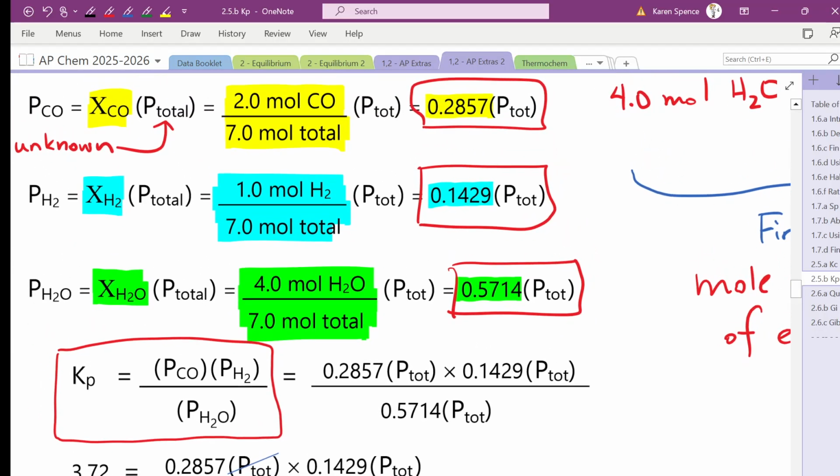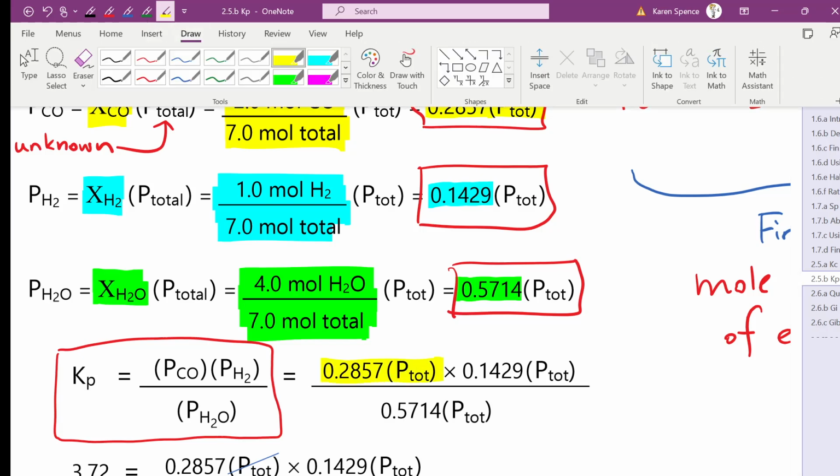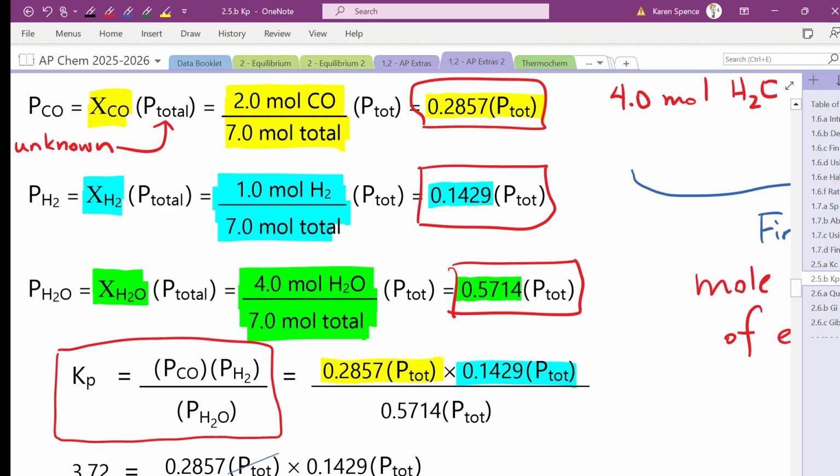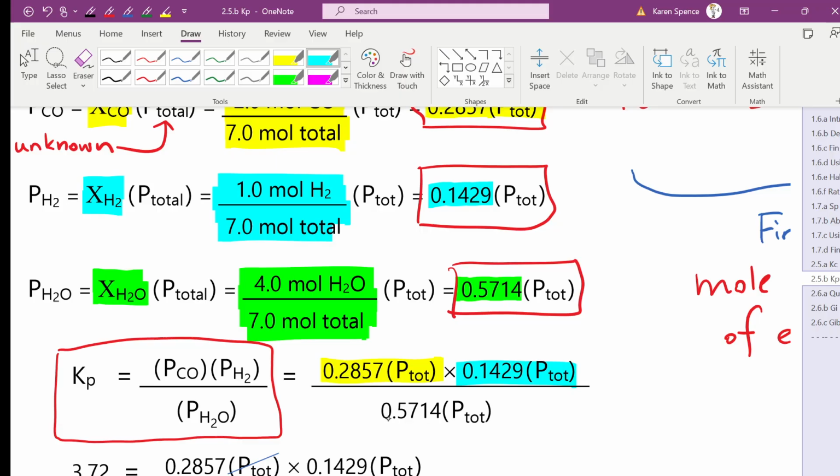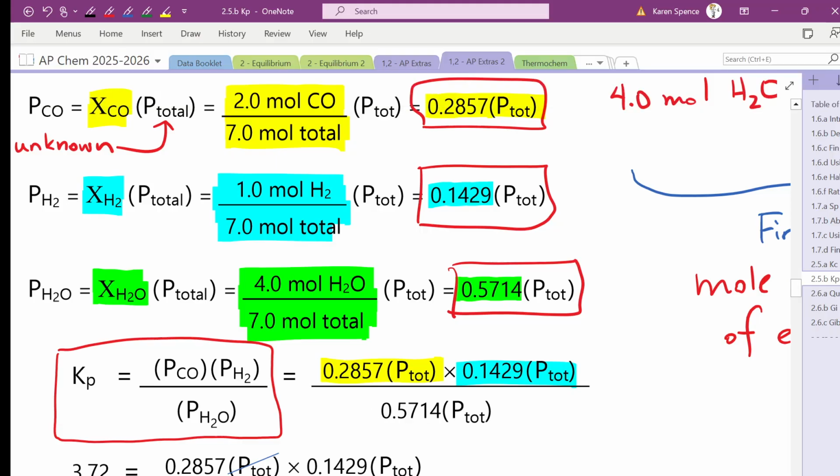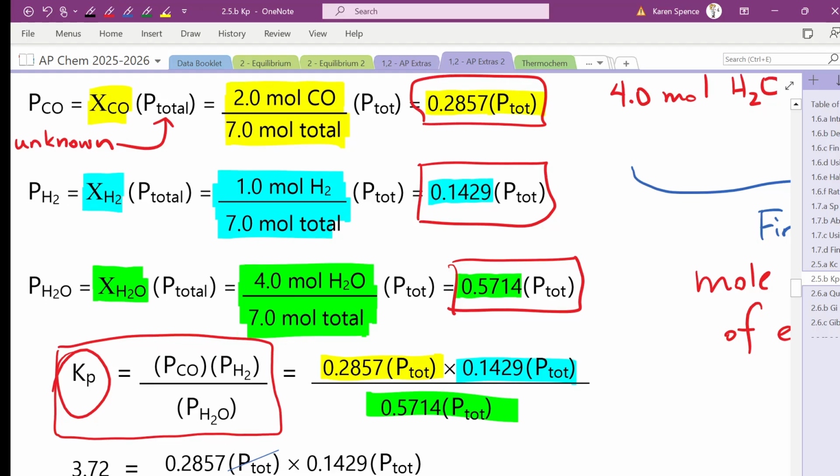Okay, so we take our 0.2857 times P total, and we take our 0.1429 times P total, and we take our 0.5714 times P total. And right now that would suck because so far we've got a variable there, and we've got P total as a variable.